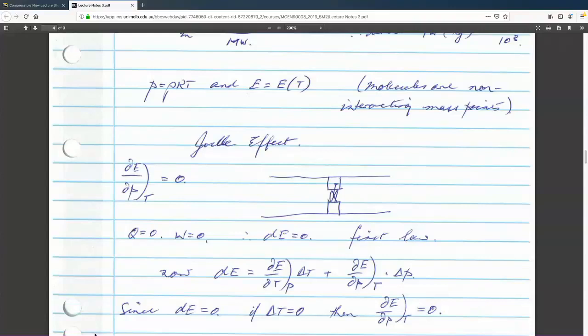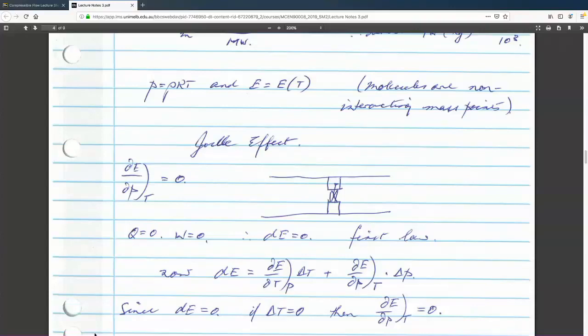But there's no change in dE. So he said, if delta T was 0, so he could measure the temperature here, and then he could measure the temperature here after it reached a new equilibrium point. If those temperatures were 0, then this term would be 0. This term can only be 0 since delta P is not 0. This term can only be 0 if this term is 0.